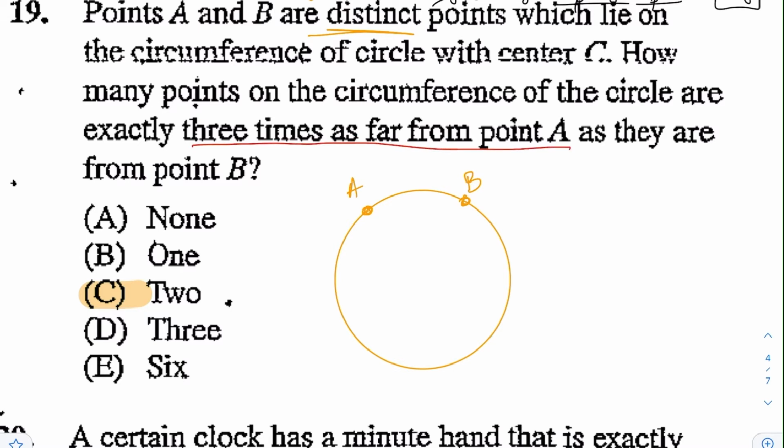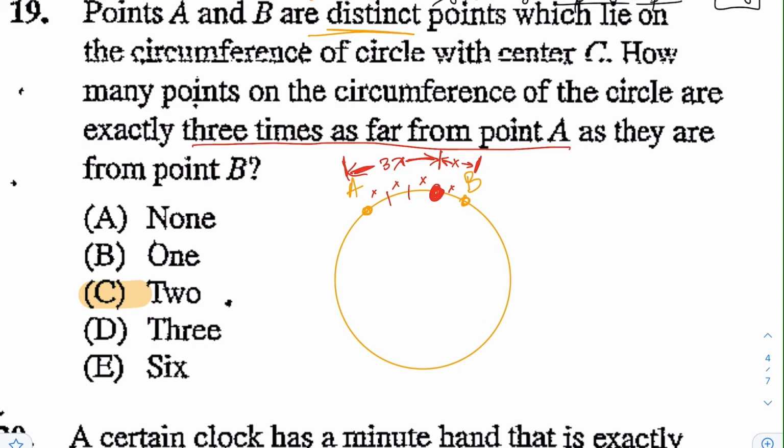So the distance between A and B, you have to cut it into 4 pieces. If you cut it into 4 pieces, you want a point that's 3 times as far from A. So let's say this point here is 3x away from A, whereas it's only 1x away from B. So that's one point here. And the other point will be if we go the other way.